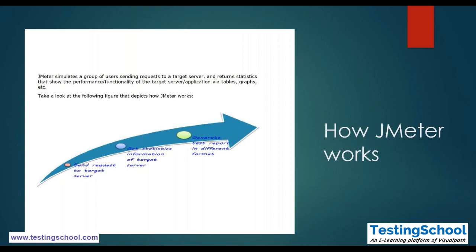If you think logically, and you want to test a particular application for hundreds of users using the system at the same time, you have two options. First option is you find 100 PCs and 100 resources who will be using that system and running the application manually, but that does not look logical.